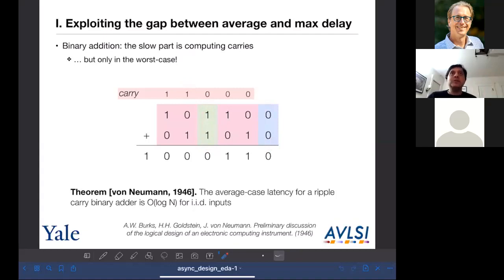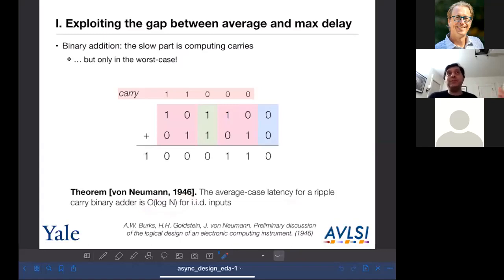So what if I initiated the carry out, right? So I can produce the carry out and then eventually consume the carry in, right? So that's my little optimization. If I know what the carry out is, I generate it without waiting for the carry in. And if you do that, it turns out, and this is actually a theorem from von Neumann in 1946, he showed that the average case latency for a ripple carry adder is logarithmic in the number of inputs, right?